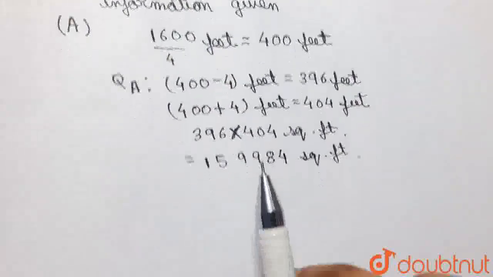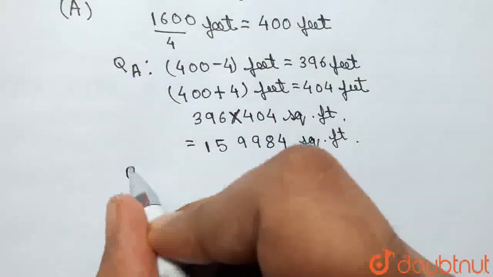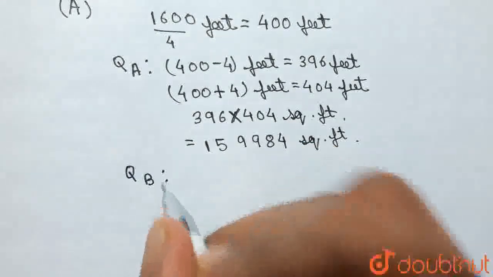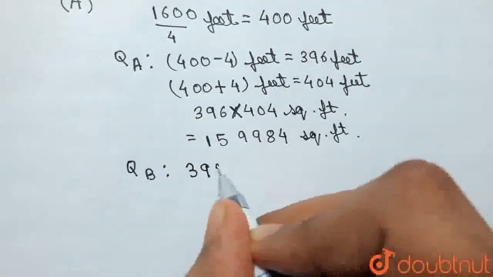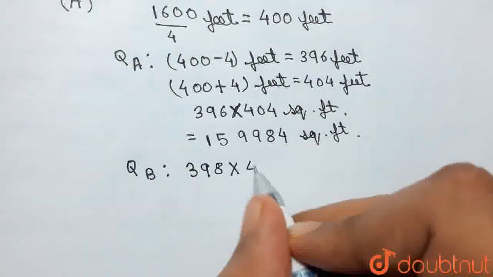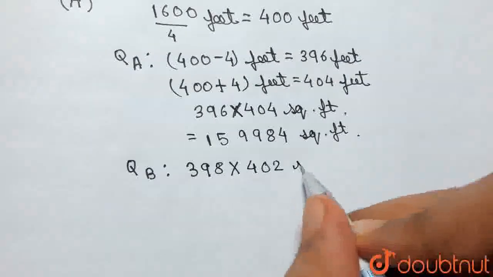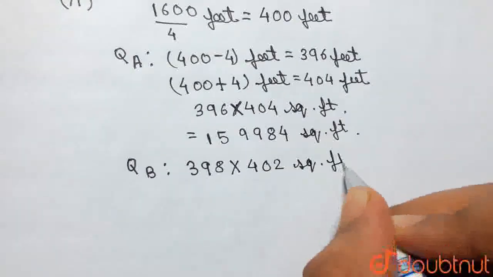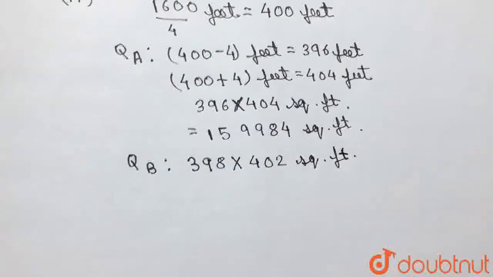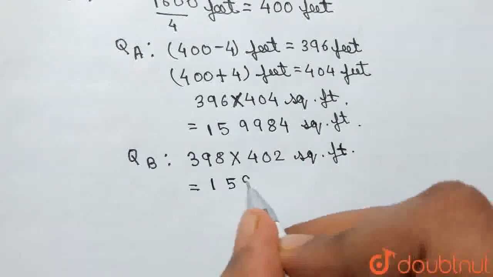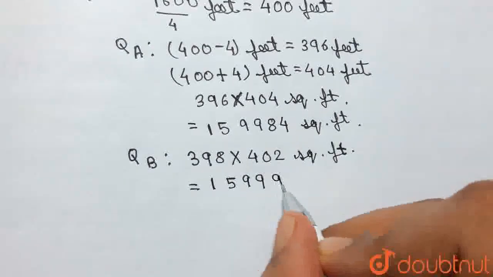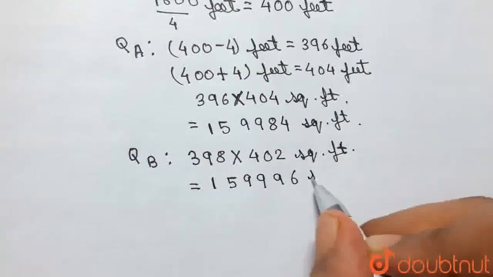So, considering quantity B, the plot's area in this case will be given as the product of the length, which is 398, and the width, which is 402. The unit is square feet. Now, this product, when calculated, comes out to be equal to 159996 square feet.